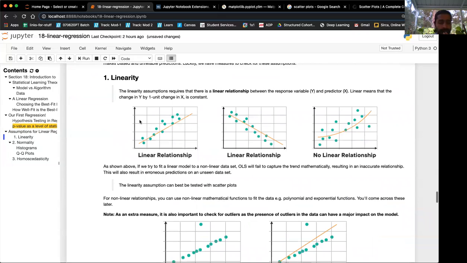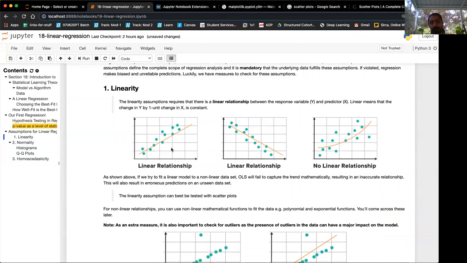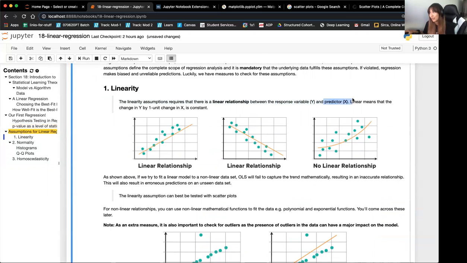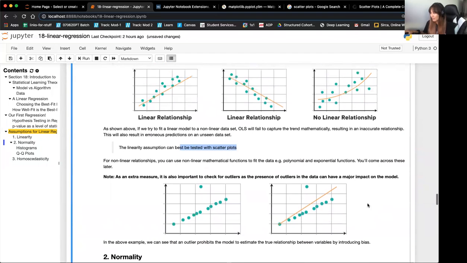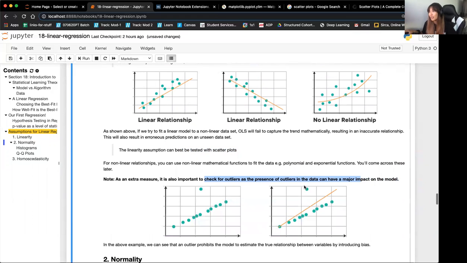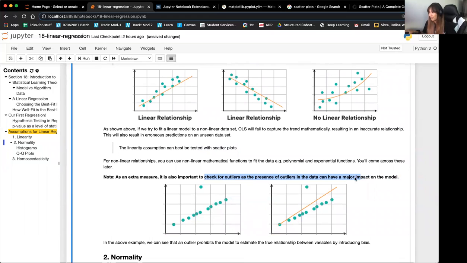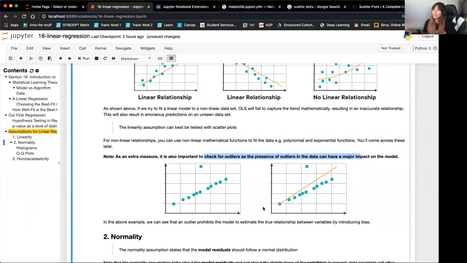So that's the first assumption, linearity: the relationship between your y and any predictor x, which can be tested with scatter plots. This is another good place to look at data cleaning because you want to check for outliers. It's important because we have this outlier here, and you see how this line slants up, but without this outlier, the line would fit the points a lot better.